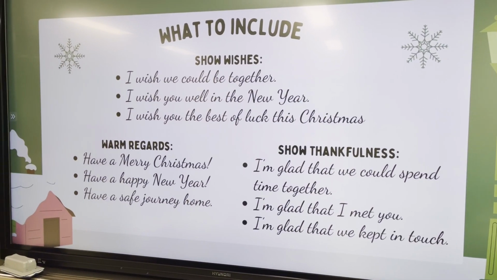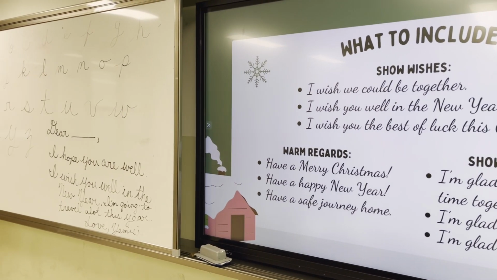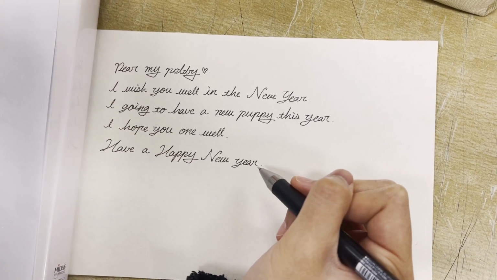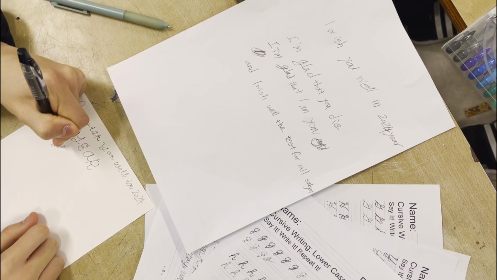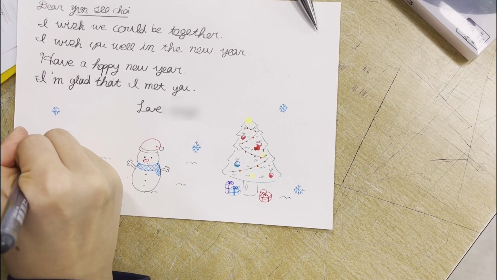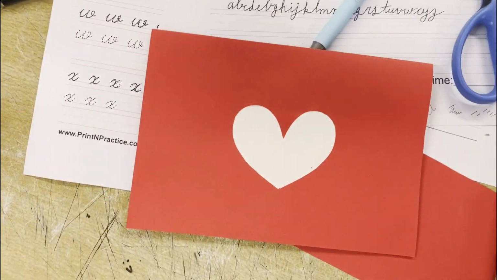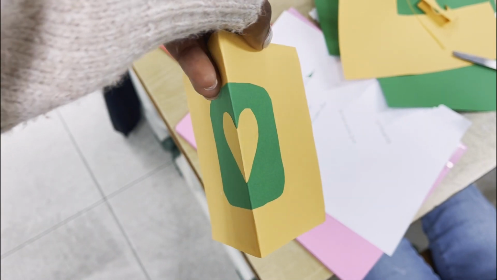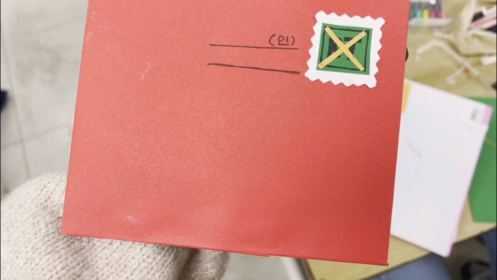Today we're going to make Christmas cards, and I thought it would be cool to incorporate how to write in cursive, because cursive does look really pretty, and I thought it would be cool for them to try. Some of my students write better cursive than me, and this is their first time learning it. What I love about my students, especially my first years, is that they're very creative, and they go way above and beyond when I give them certain activities and materials.